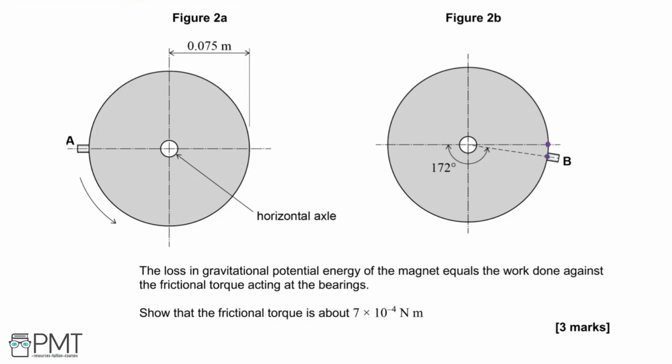So we're interested in finding the vertical difference between these points so that we can find the difference in gravitational potential energy. So let's do that first of all.